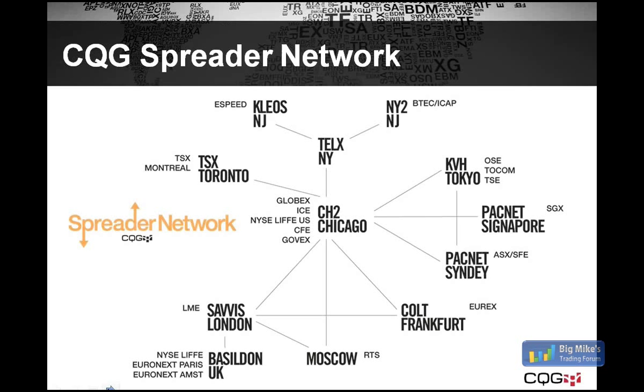So you can see from our spreader network, it gives you connectivity all around the globe. Again, we manage the infrastructure, so all you worry about is the trading. And it provides you connectivity to also spread contracts against each other from these locations.